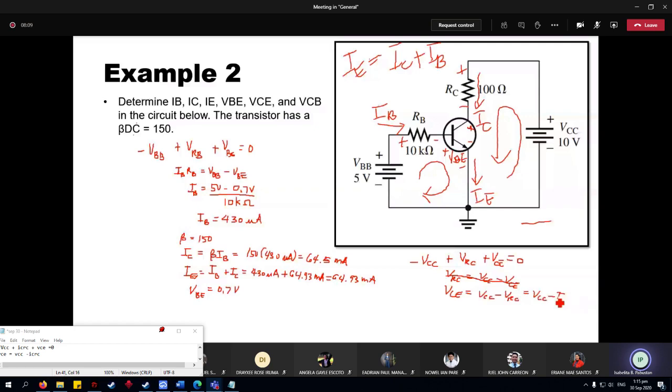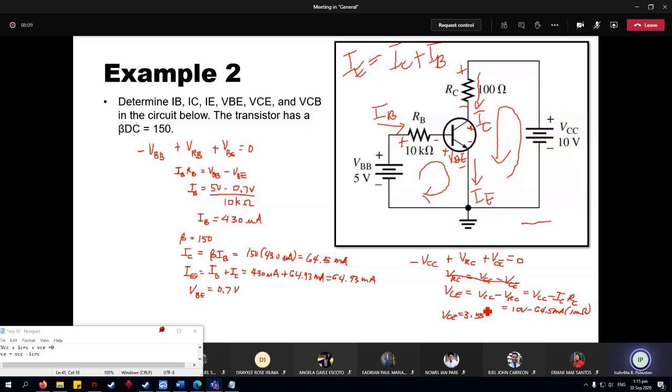So you just substitute, this will be equal to 10 volts minus our IC, 64.5 milliamperes, and then your RC is 100 ohms only. So your VCE, when you compute that, will be equal to 3.55 volts. So that is the voltage across the collector and then the emitter.